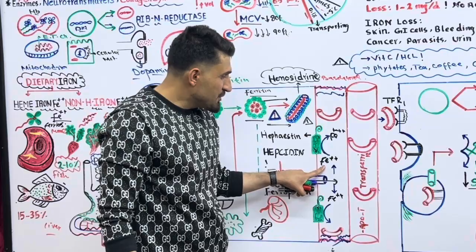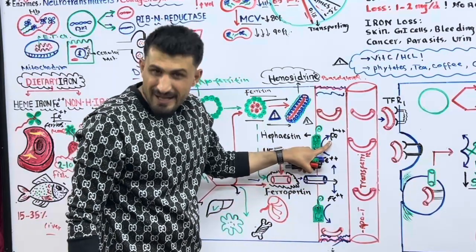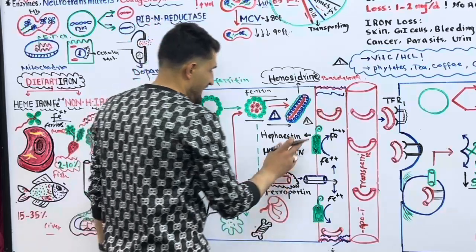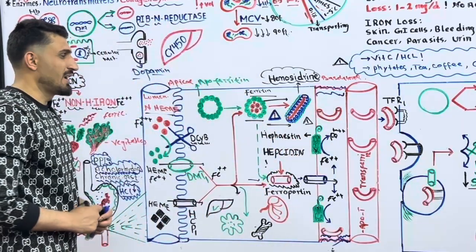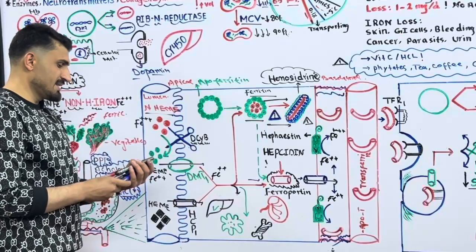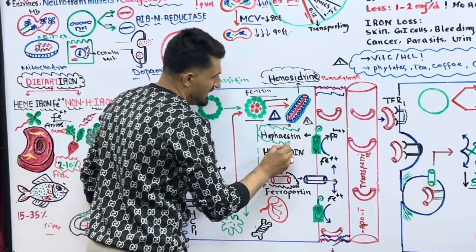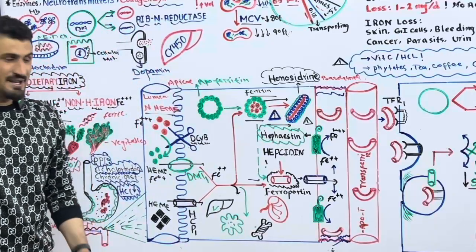We have to convert it again to Fe3+, to the ferric form. So this enzyme which converts Fe2+ to Fe3+ is called hephaestin. Got it?